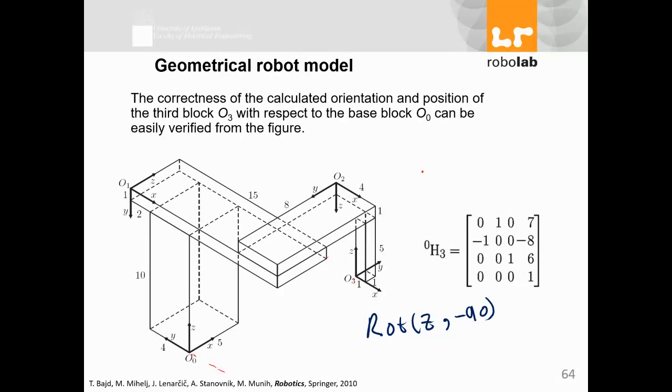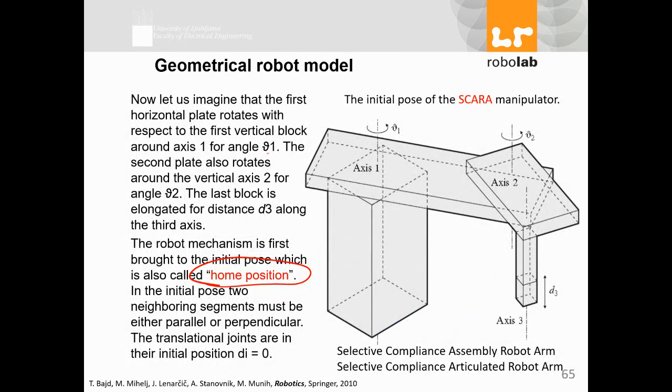When your robot starts moving and rotating, this initial assumption will change. So there will be theta 1, theta 2, and a length d3, added or subtracted depending on how you move it. In the initial pose, 2 neighboring segments must be either parallel or perpendicular. The translational joints are in their initial position, assumed as d equal to 0.